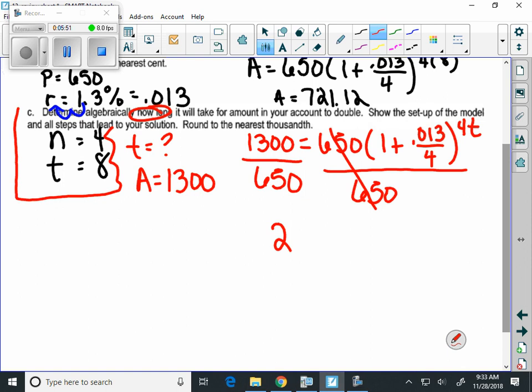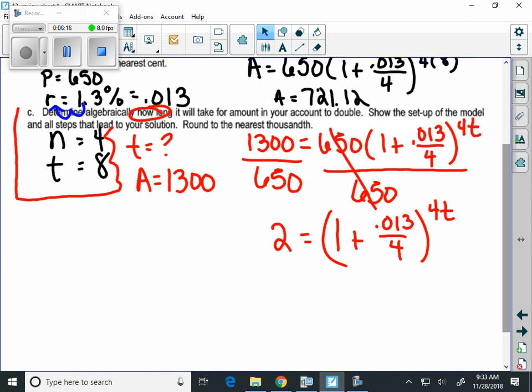Double. How long does it take for us to double? This is 1 plus 0.013 divided by 4, to the 4t. I want to check on my calculator whether we have a nice number to work with within that parentheses. If not, you do not want to round that number. Well, let's find out.